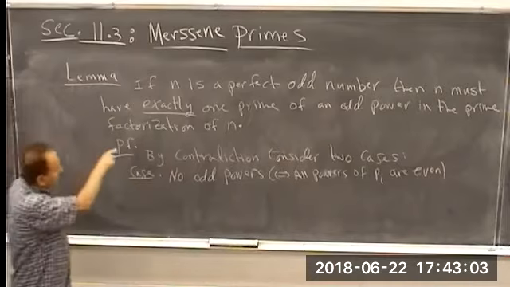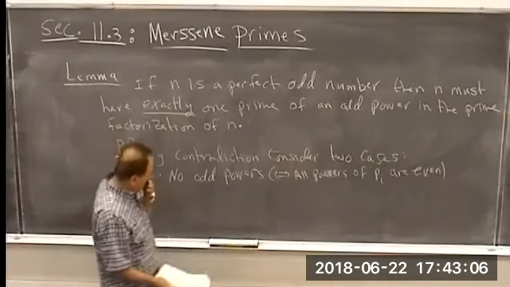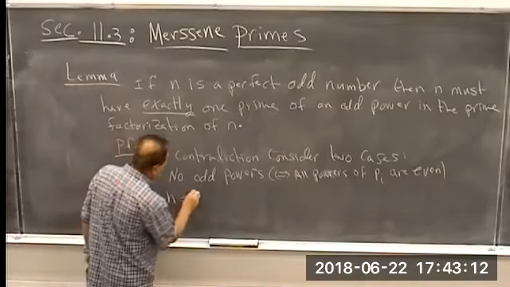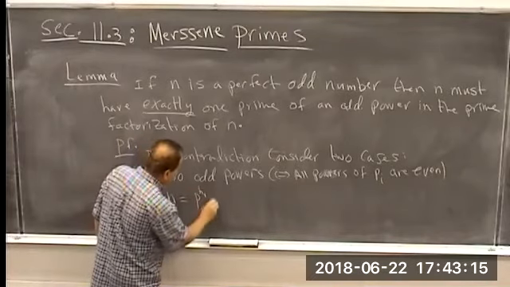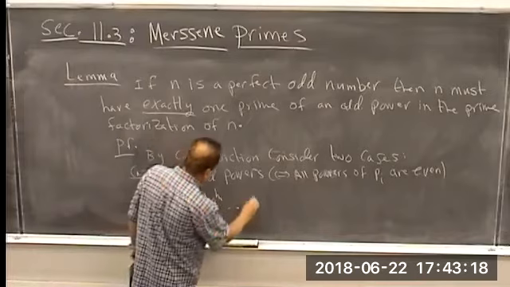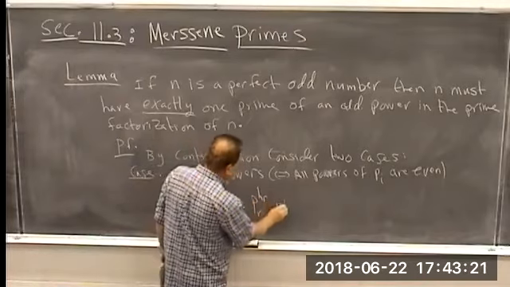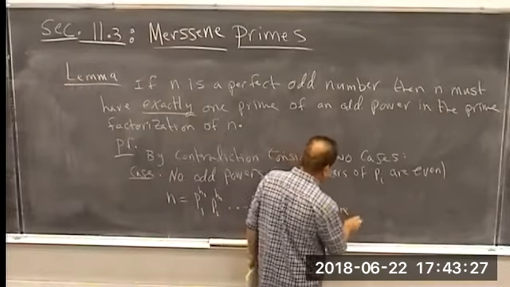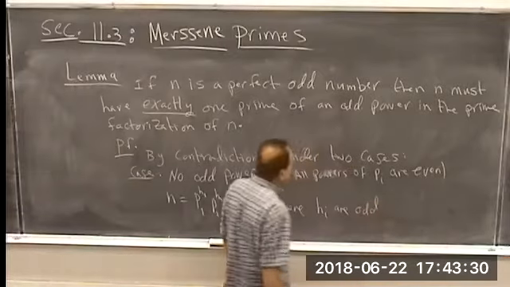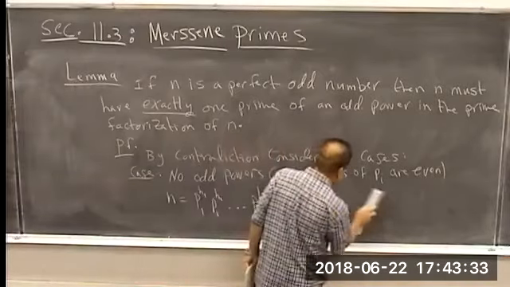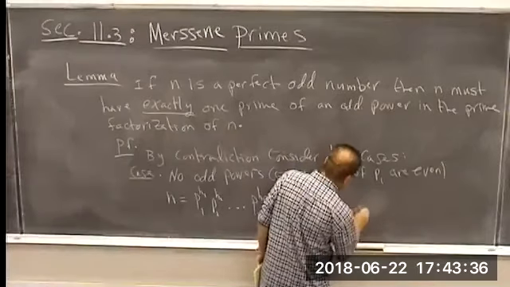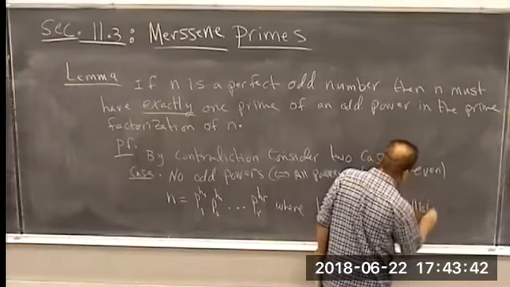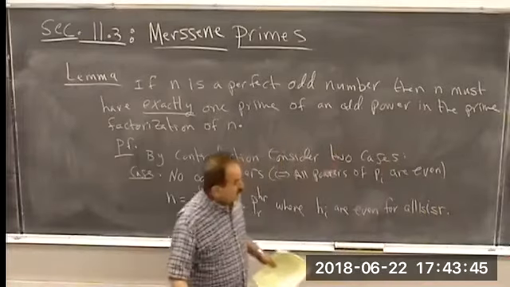Okay, because we say exactly one. So either none, or more than one. All right, let's take n. It says P1 to the H1, P2 to the H2, up to P sub R to the H sub R, where the H sub i are, sorry, even. All these are even.